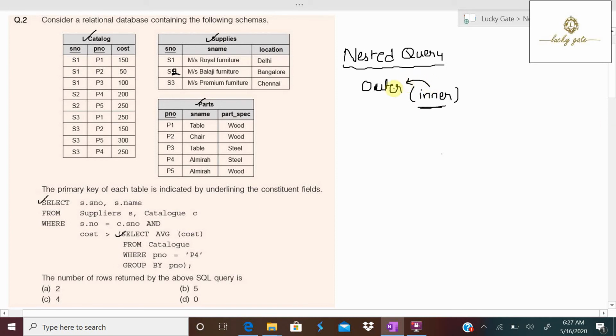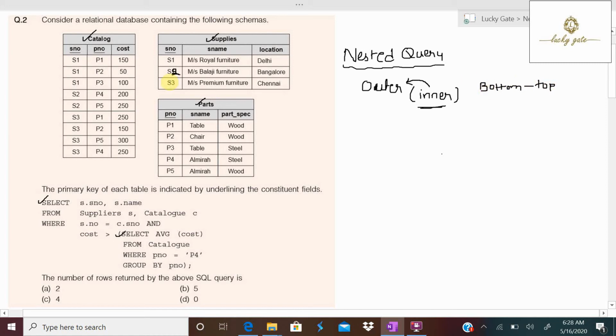That output will be used by the outer query, and based on the output of the inner query, the outer query executes and gives the final output. It means nested queries are evaluated from inner to outer, also called bottom to top evaluation. Okay, we understood what a nested query is.